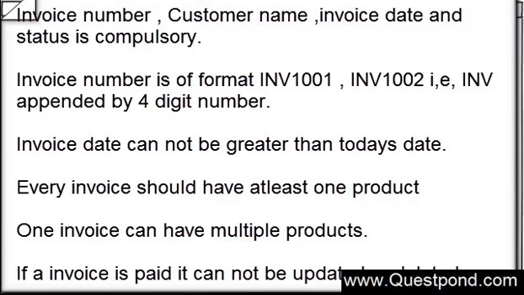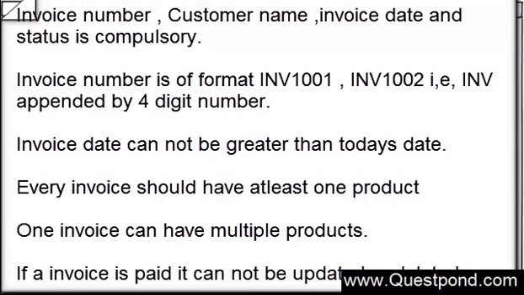Second, the invoice number is of the format INV01001. So it has INV first, and then a 4-digit number. If the end user tries to put something like just 1001, you will pop up a message saying that this invoice number is not in a proper format.